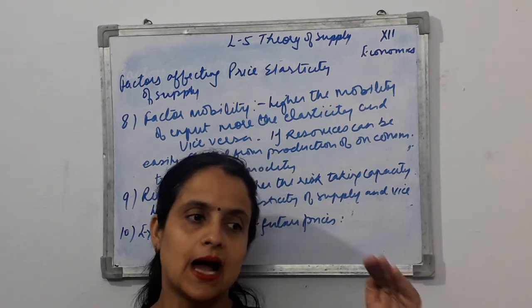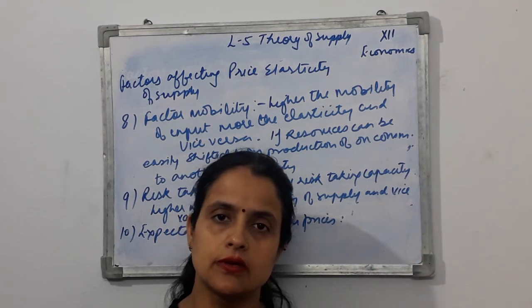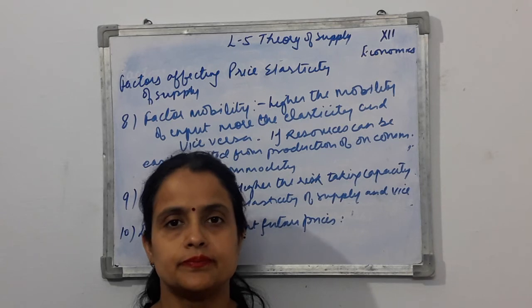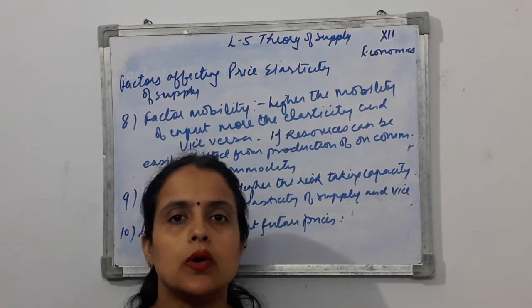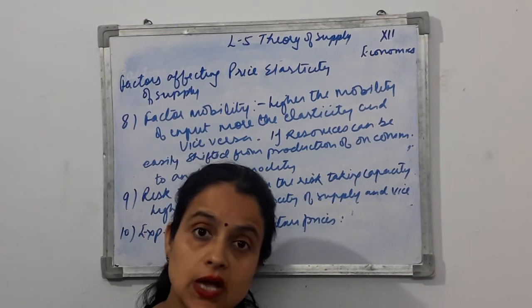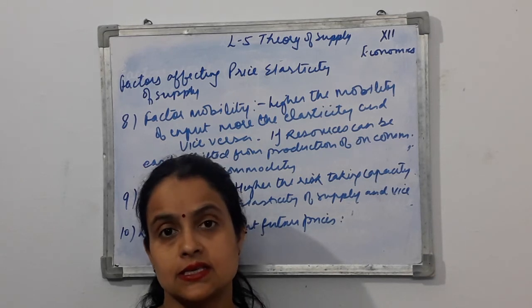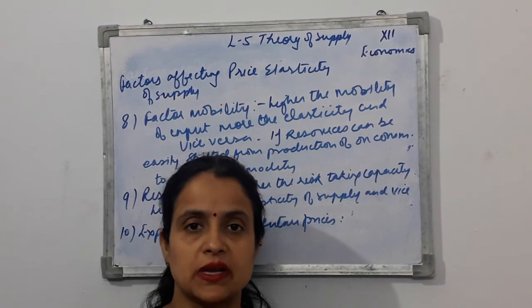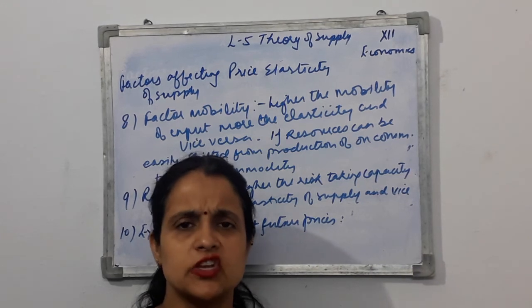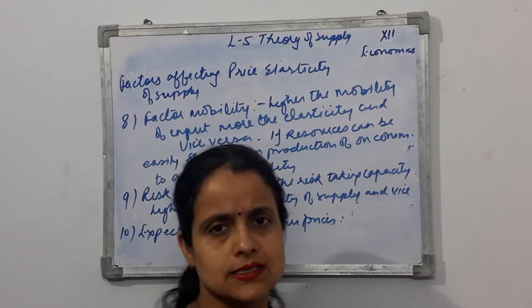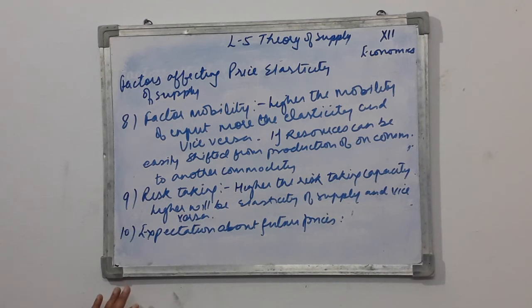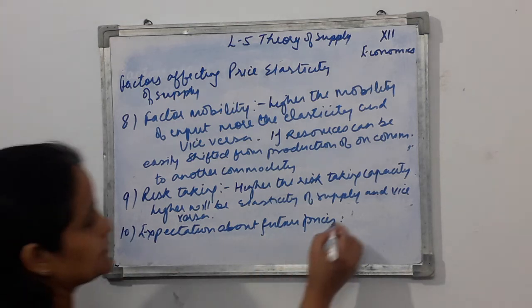And if there are no future expectations of rising prices, then the supply is going to be what? Inelastic, right? So we can say this: if the producer expects a rise in the price of a commodity in the future, the producer will hold the commodity to take advantage of the future prices. The supply will therefore be less elastic.